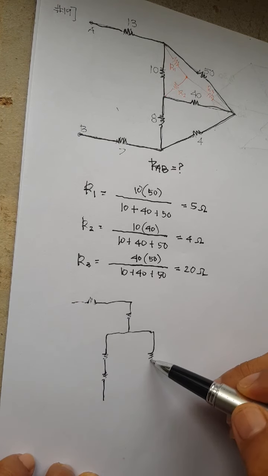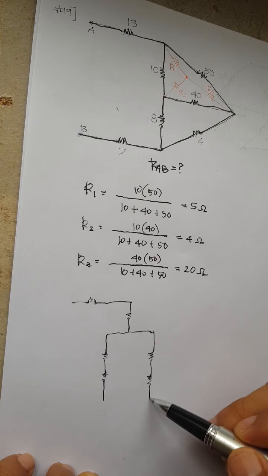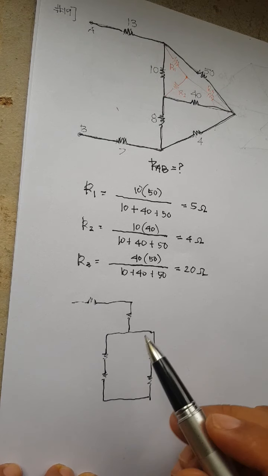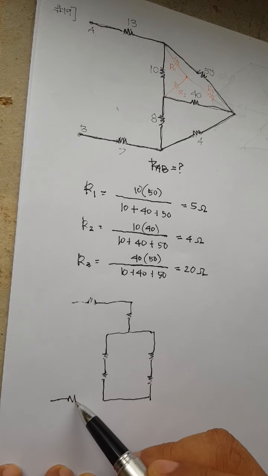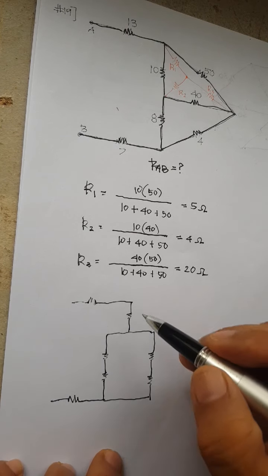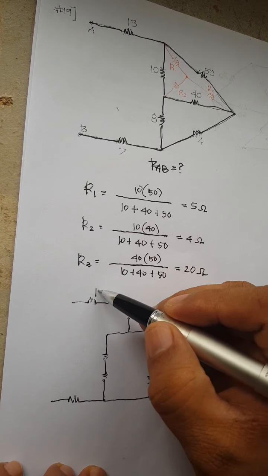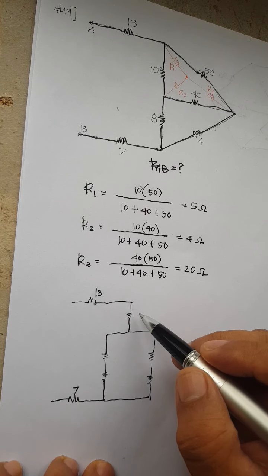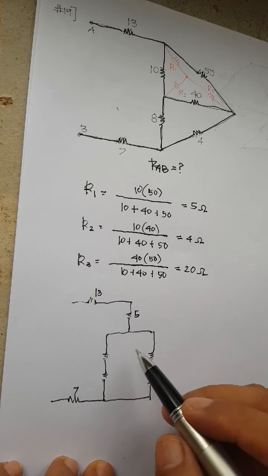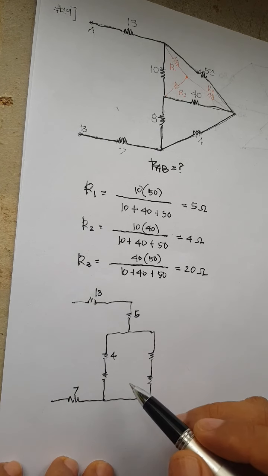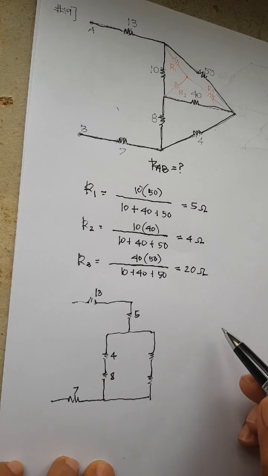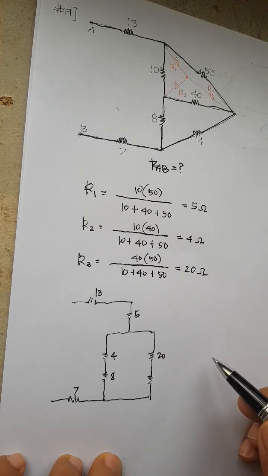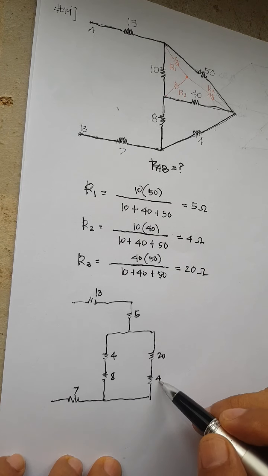Our R3 is in series with our 4 ohm resistor, and then we have 7. So this is our 13, this is our 7, and then this is our 5, this is our 4, this is our 8, this is our R3, which is 20, and then this is our 4.